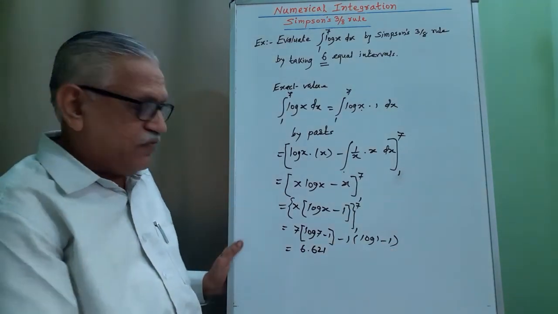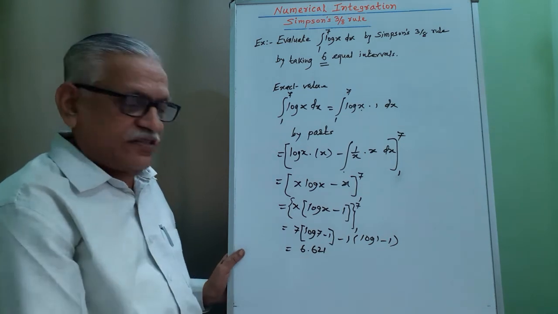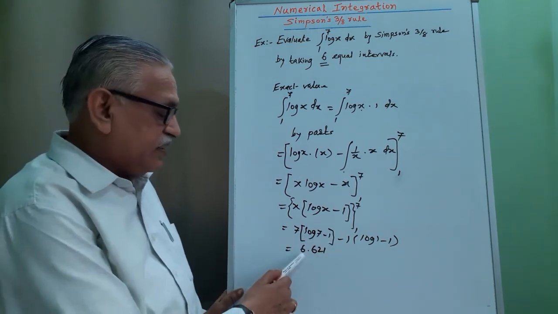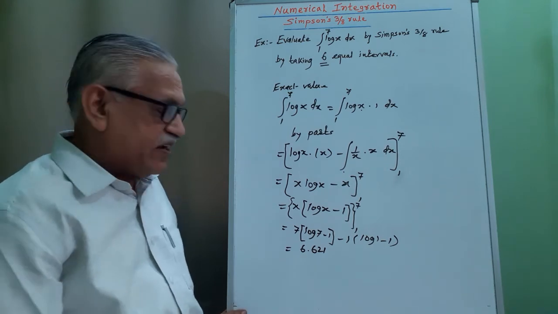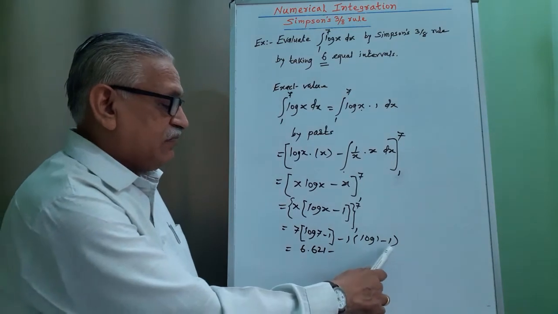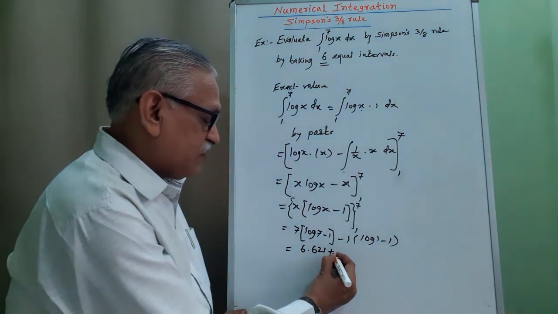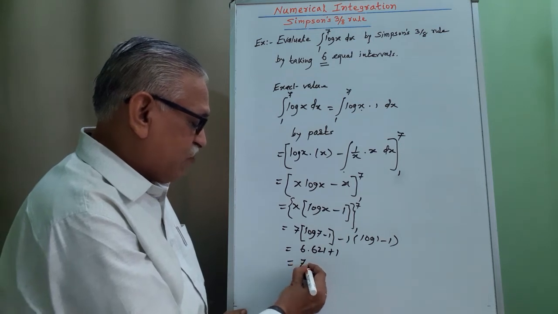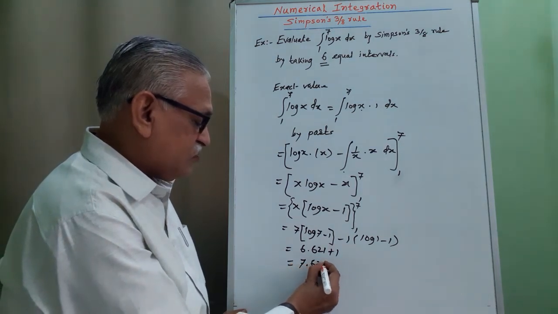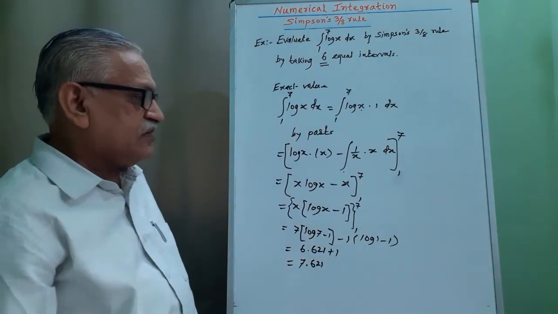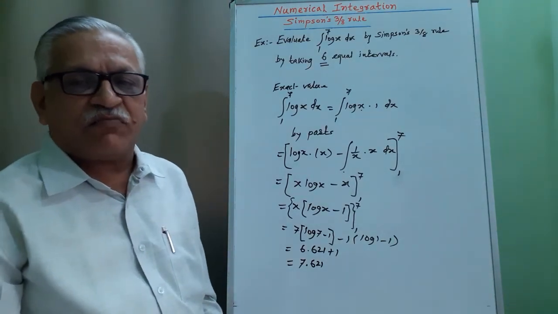By calculator, log 7 minus 1 multiplied by 7 is coming as 6.621, minus log 1 is 0, minus becomes plus, therefore plus 1, and we get the value as 7.621 as the exact value obtained by applying integration by parts.